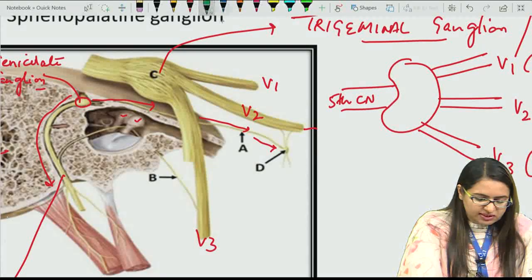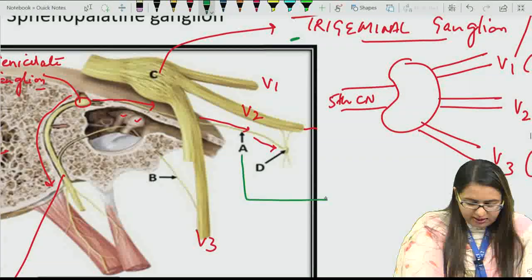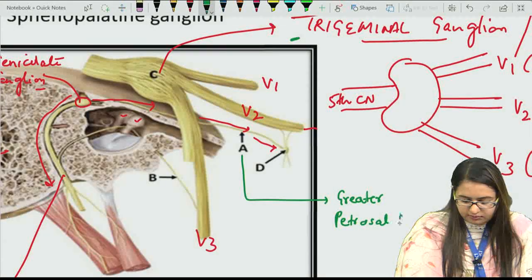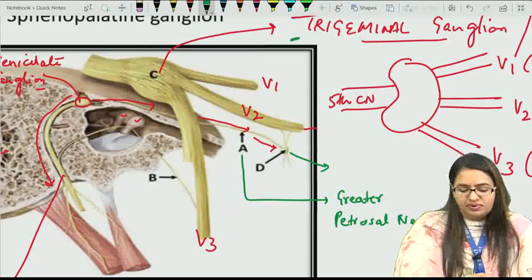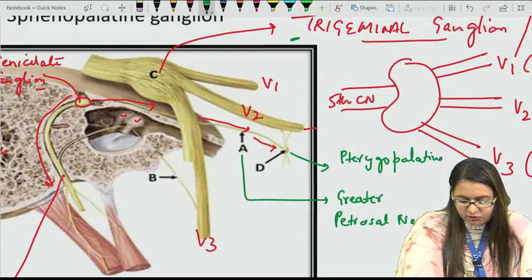So the nerve which is being labeled over here, this A, is the greater petrosal nerve, and it is going towards the ganglion which is labeled as D. This is the pterygopalatine or the sphenopalatine ganglion.